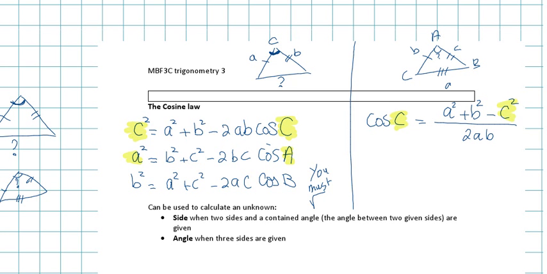So if you're looking for angle A, sorry, cos A, what would you have? C squared plus B squared minus A squared. Yeah, C squared plus B squared minus A squared over 2CB.